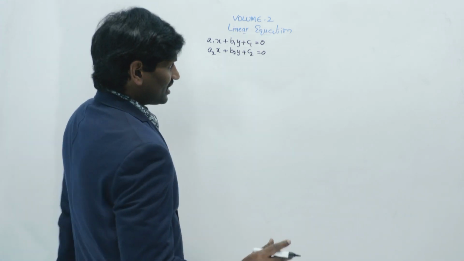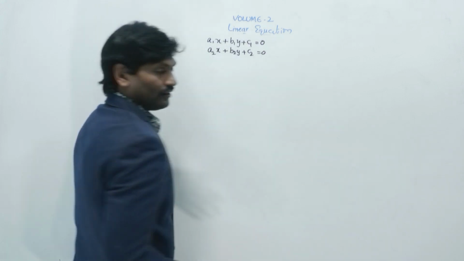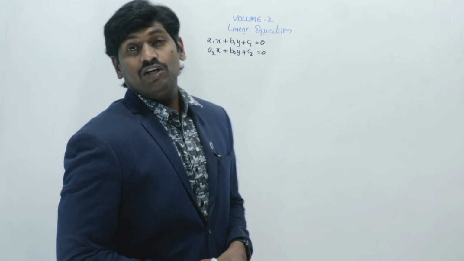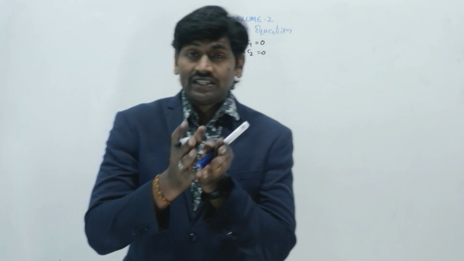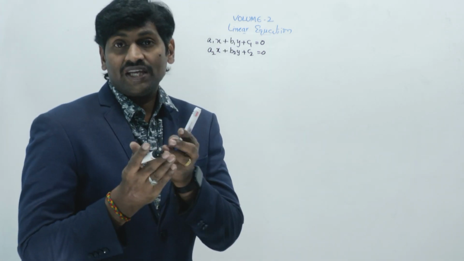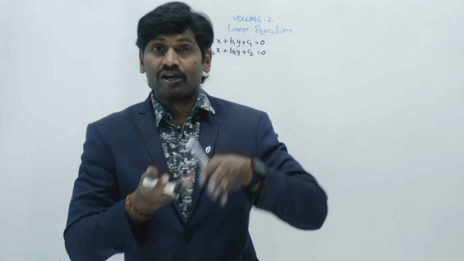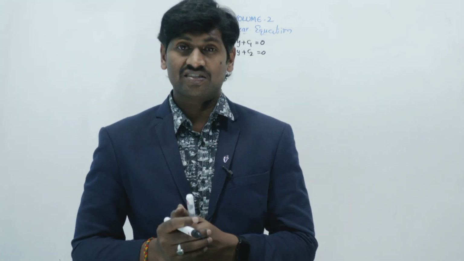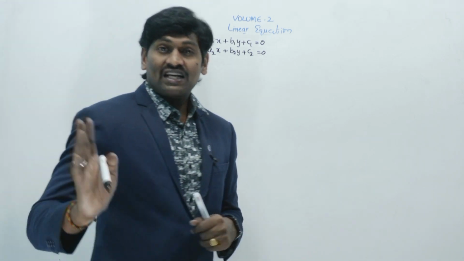And here let us discuss the situation of what is happening, that means how two linear equations can behave in a plane surface. They will be intersecting lines, parallel lines or coincident lines. To identify that, there are three conditions.